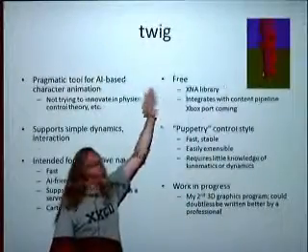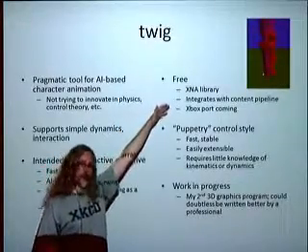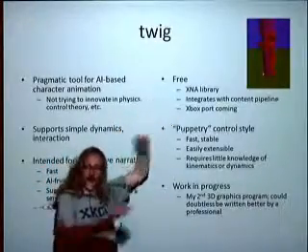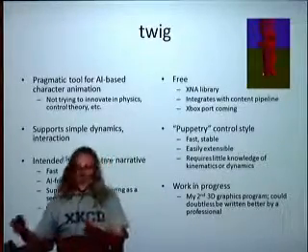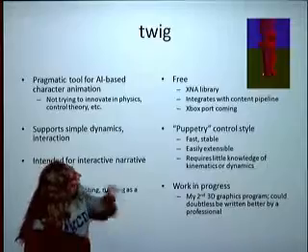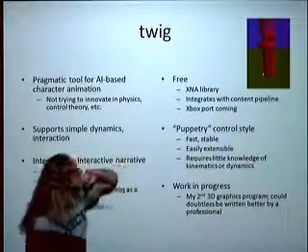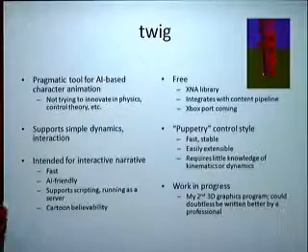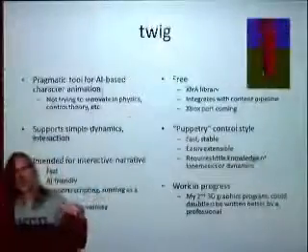So it's free. It's an XNA library. You can download it. It integrates with the content pipeline, which is awesome. Not its integration with the content pipeline, but the content pipeline itself is awesome. And once I find the right undergraduate to work on it, we're going to port it to the Xbox. The main idea behind it is a kind of puppetry style of control that I'll talk more about in a minute.